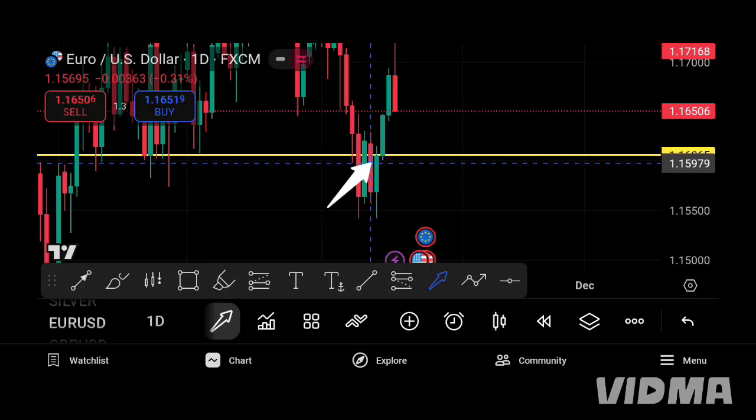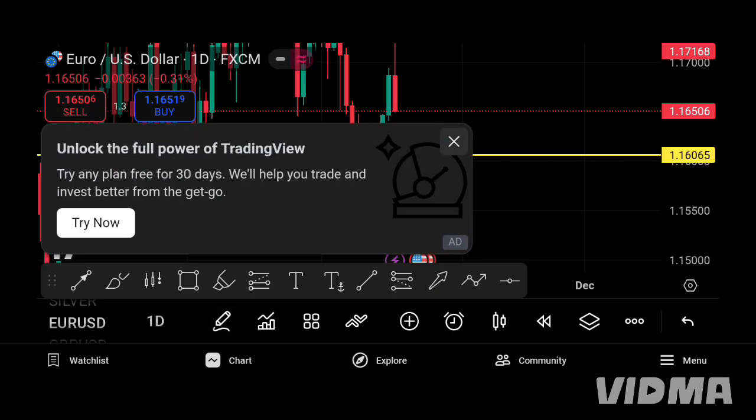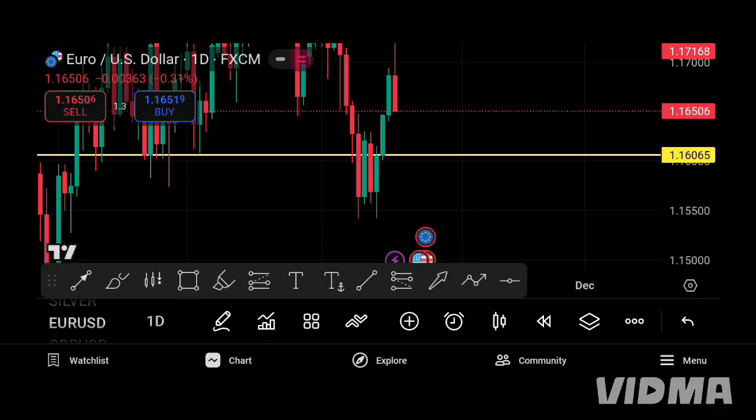This candle closed here, the next candle opened exactly at the same point, at the yellow line. So after marking, we scale down.